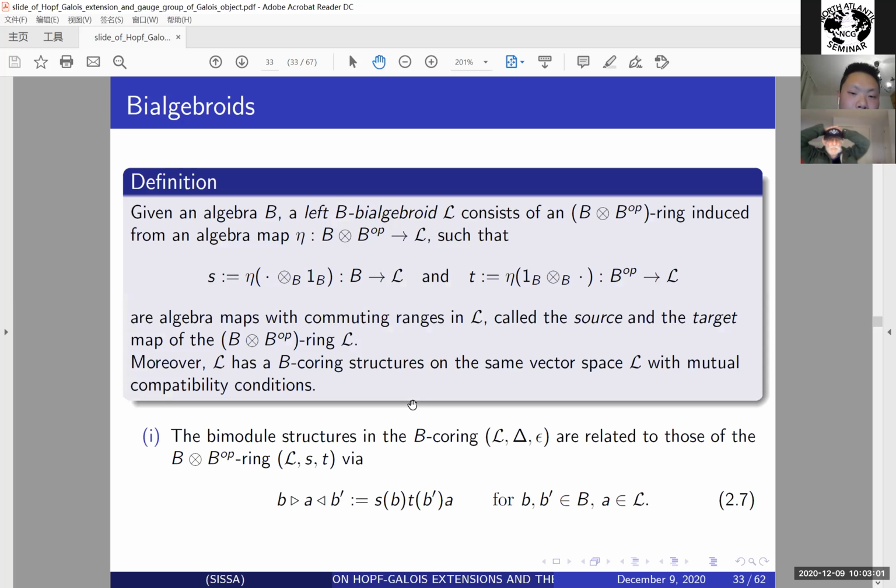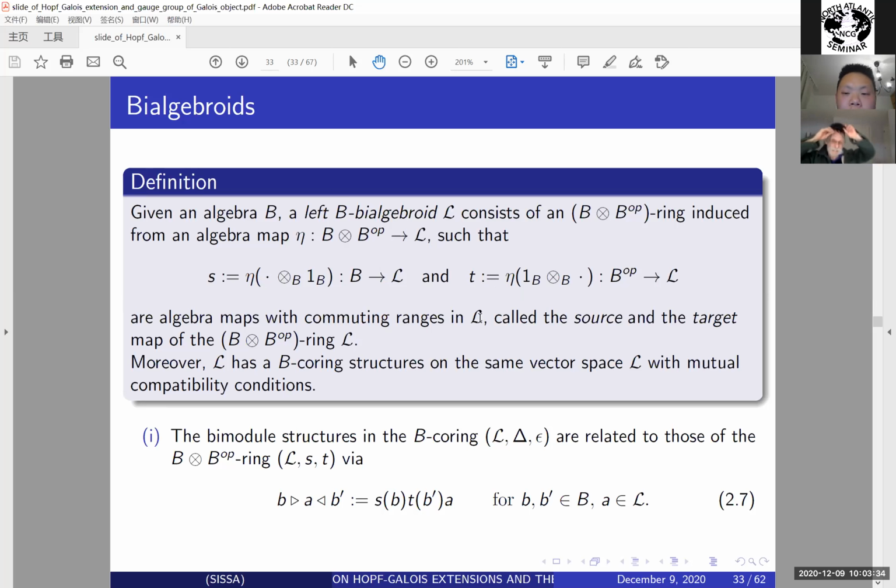Okay. So now after the B-ring and B-coring, we can start to define the left bialgebroid of an algebra B. A left bialgebroid is first a B tensor B^op ring, introduced from an algebra map eta from B tensor B^op to L, such that the restriction of eta on the first factor is the algebra map s from B to L, and the restriction on the second factor is the algebra map t from B^op to L. s is called the source map and t is called the target map.